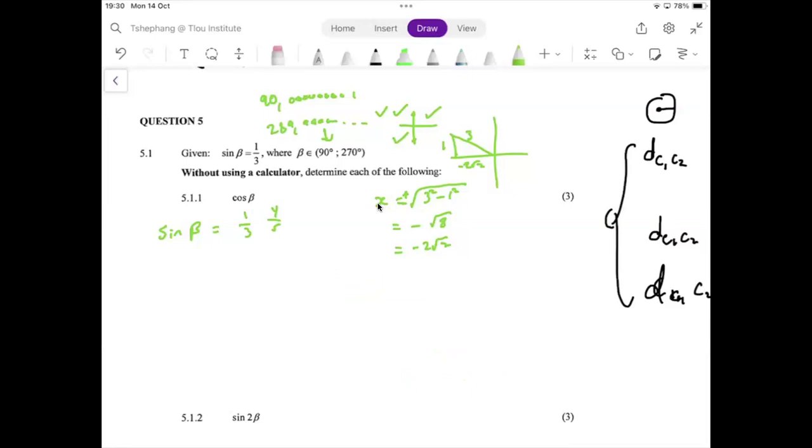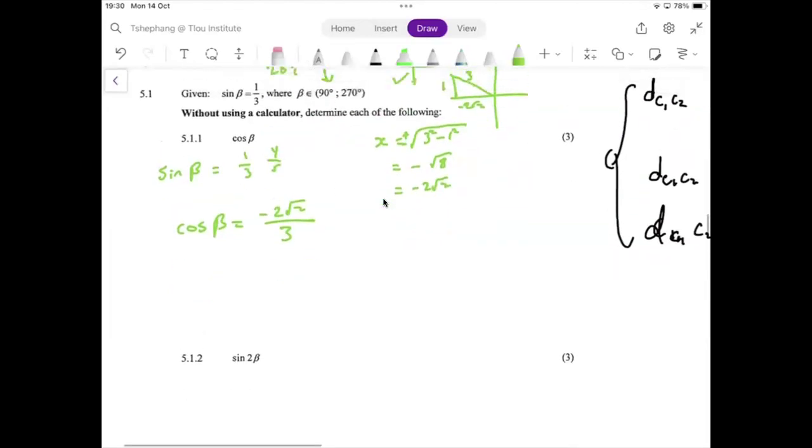Okay, moving on. Now, cos of beta will simply be the x value, minus 2 root 2 over 3. Now, if you've done it in a different way, that's perfectly fine.